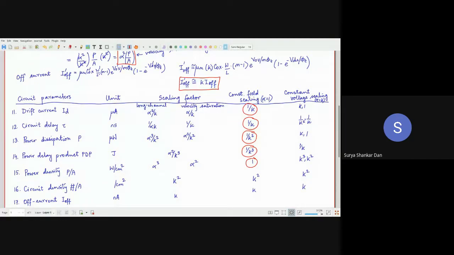Irrespective of whether the device is going into the velocity saturation or not, you can still use the same scaling factors as mentioned here. In the case of constant voltage scaling, we see that there is an ambiguity. All right. So we have seen the circuit delays, and now we will go to the power dissipation.